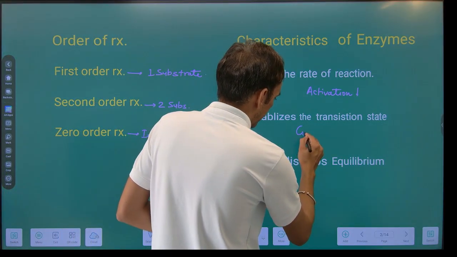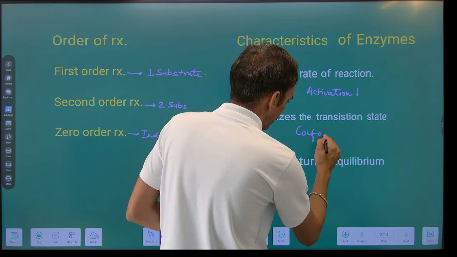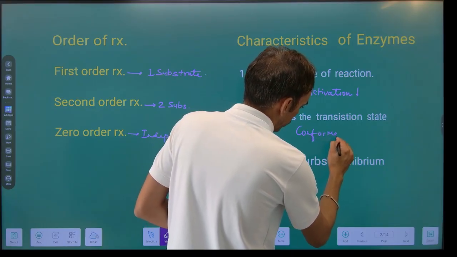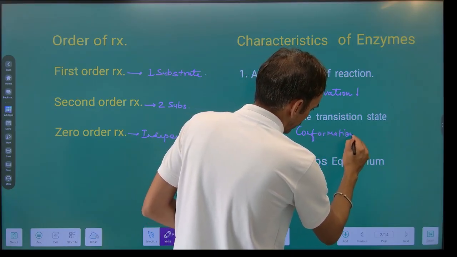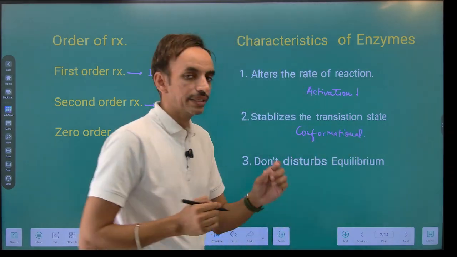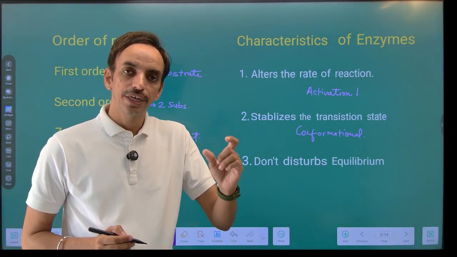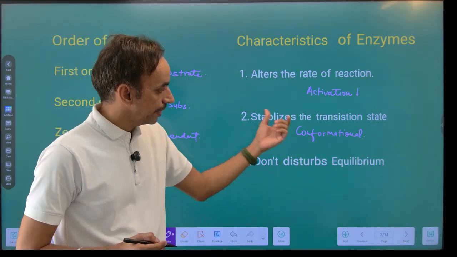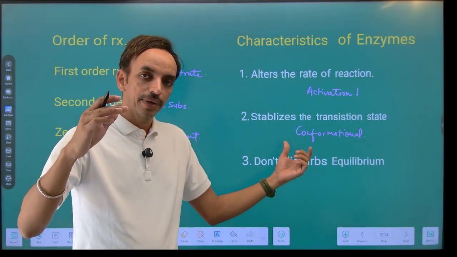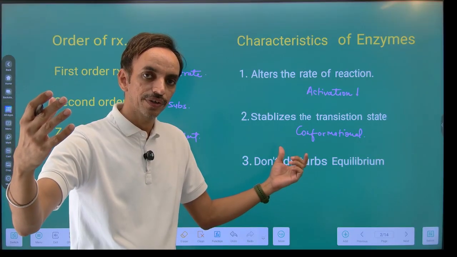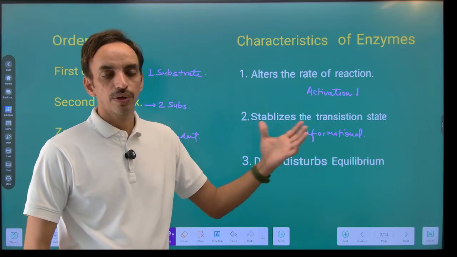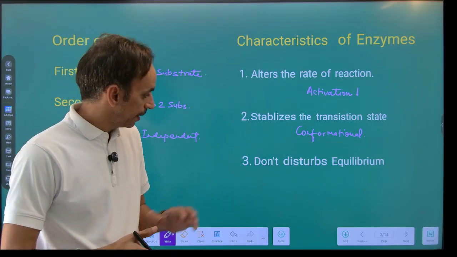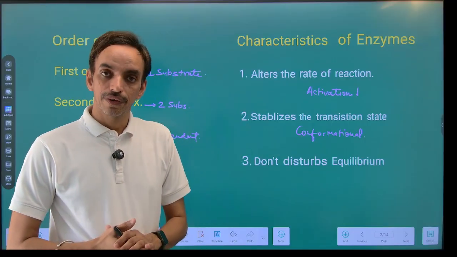Enzymes, after binding to the substrates, make a conformational change in the substrate and stabilize it into a transition state. Third, they do not disturb the equilibrium.